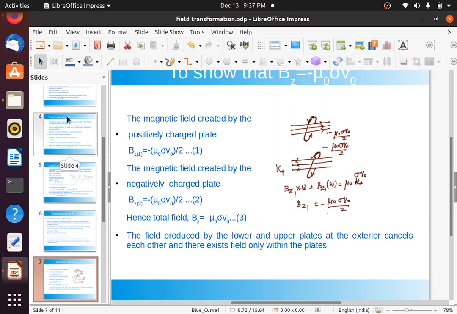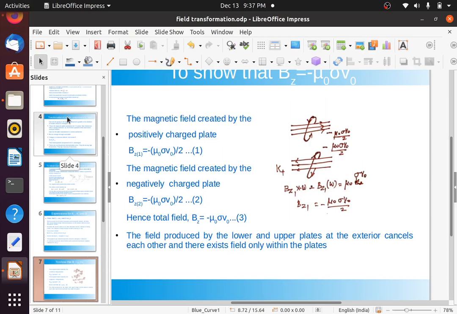You put your thumb in the direction of the current, and your fingers will curl in the direction of the magnetic field. The direction of the magnetic field is shown like that. These magnetic field lines, for the lower plate, go through the upper surface and come back through the lower surface.